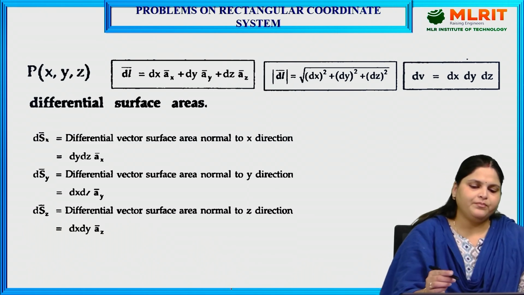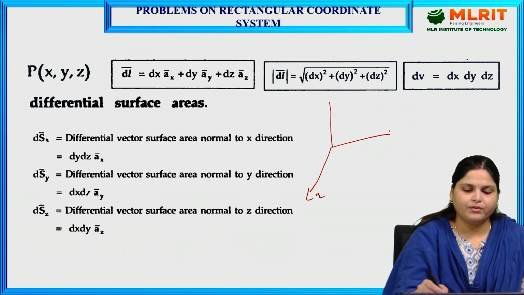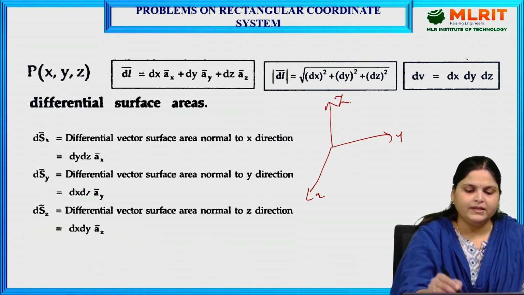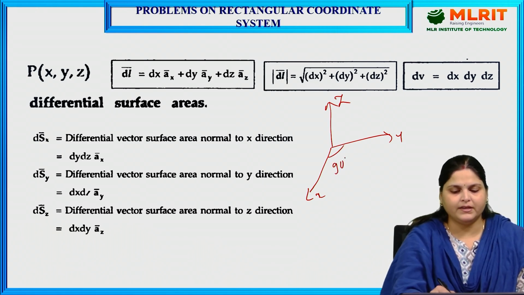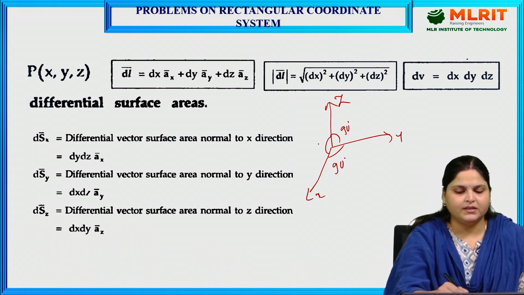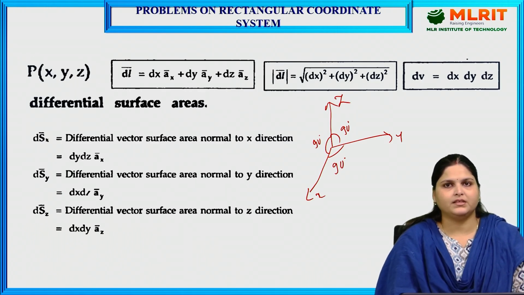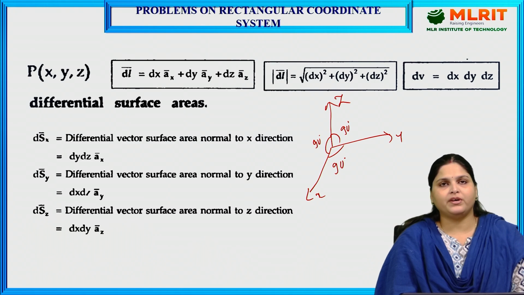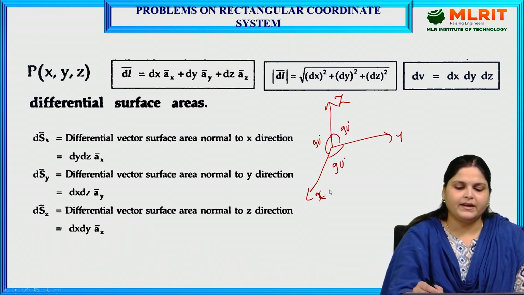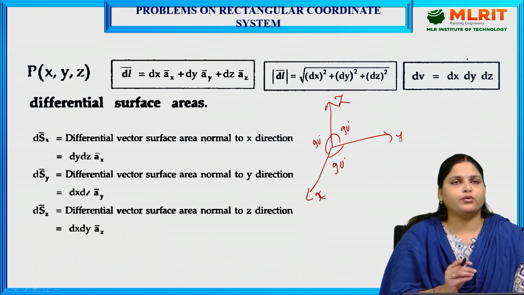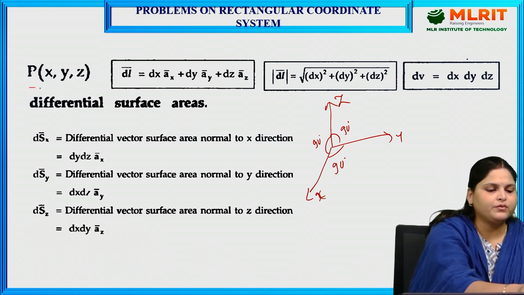We know that we are using an orthogonal coordinate system where all the axes are perpendicular to each other, that means they are at 90 degrees apart from each other, right? In the Cartesian coordinate system, which is also called the rectangular coordinate system, the variables are x, y and z. That means if we want to locate any point in the rectangular coordinate system, the coordinates would be x, y, z.